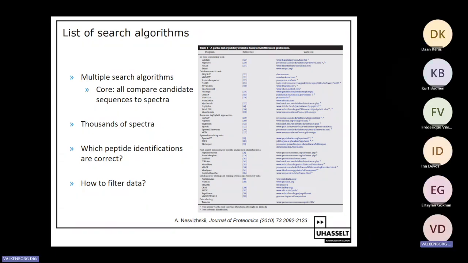Okay, welcome back in this fourth session on search engines for mass spectrometry-based proteomics. In the last sessions, we have seen the context of proteomics. We have seen the technology that is used to analyze proteins using liquid chromatography and mass spectrometry.